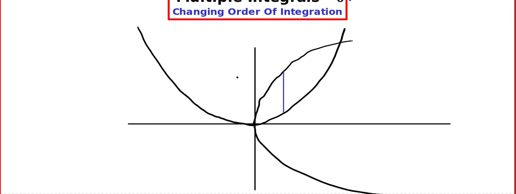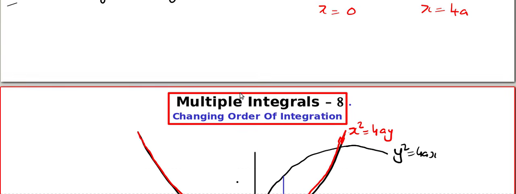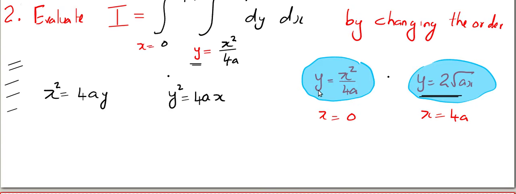By the way, wait a minute, I will use two different colors here. So I am going to make one parabola red, and the name of the parabola also I will write in red. x square is equal to 4ay, and the other parabola y square equal to 4ax. Okay, now, the shape of the strip is vertical. Now look at this.